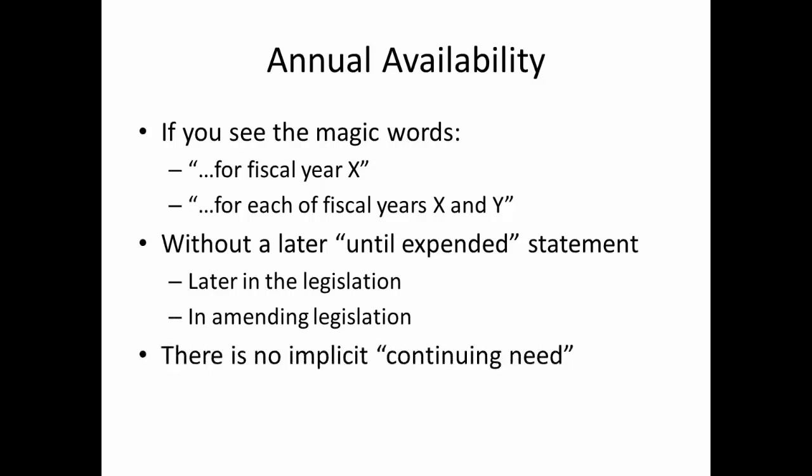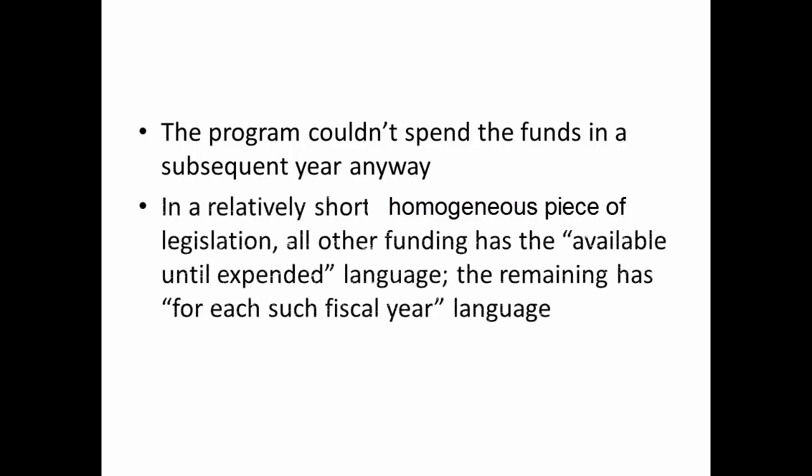And if there's no implicit continuing need, like we saw in the Affordable Care Act Implementation Fund or the Maternal, Infant, and Early Childhood Home Visiting Program, if when you read the statute as a whole, there's no way the program could even spend the funds in a subsequent year anyway, like our abstinence education grants example, if every other appropriation in a relatively short, homogeneous bill was expressly available until expended except one, and that account had for each such fiscal year language, then the account's probably only available for 1 year.